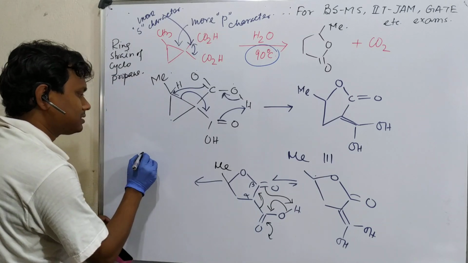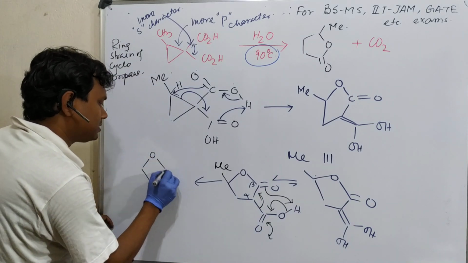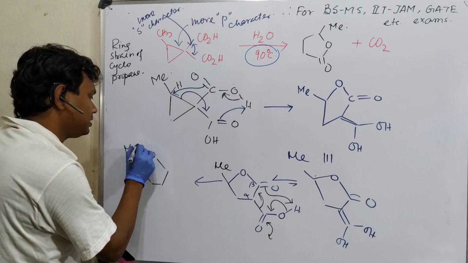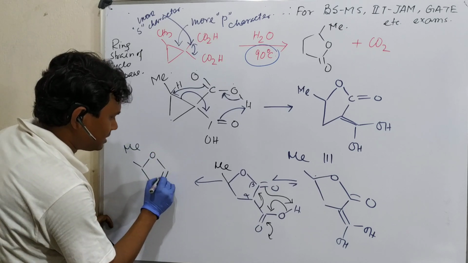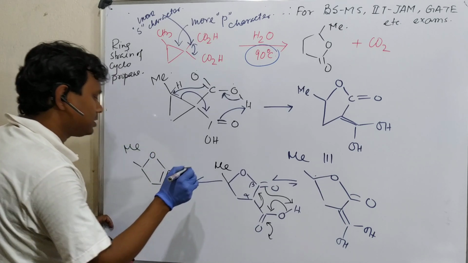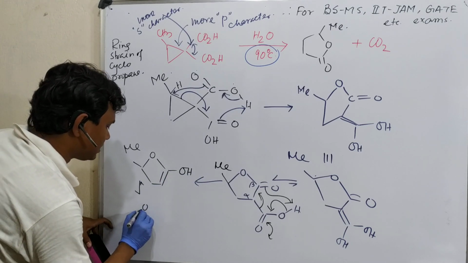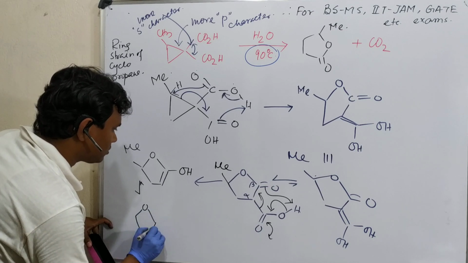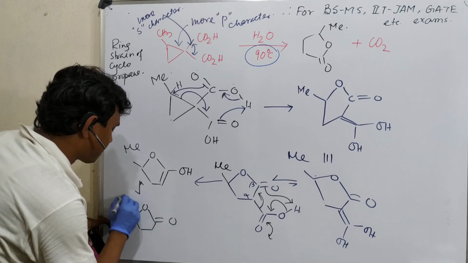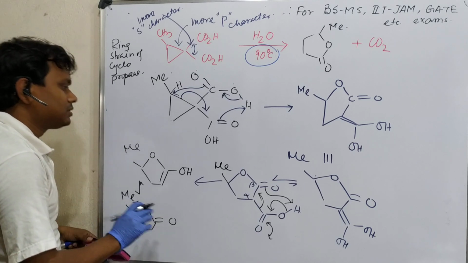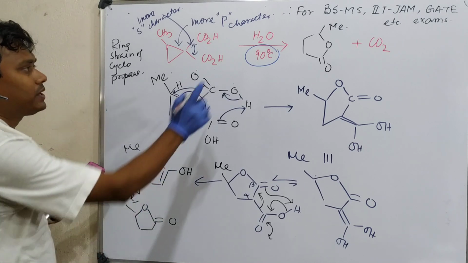So what is the product? So the product is, this is the methyl and this is a double bond, this is an OH. So instantly it will tautomerize to the corresponding enol version, corresponding double bond. Okay, so this is the overall way to get the product.